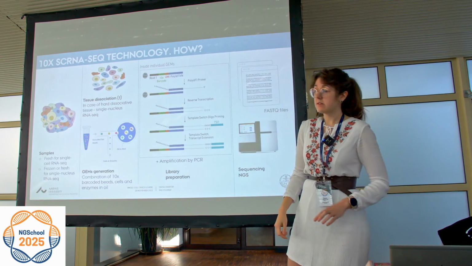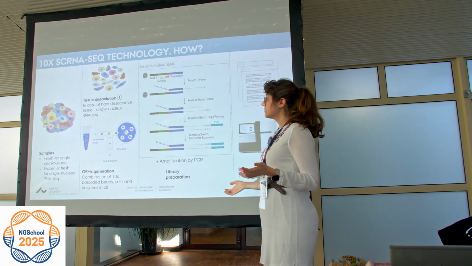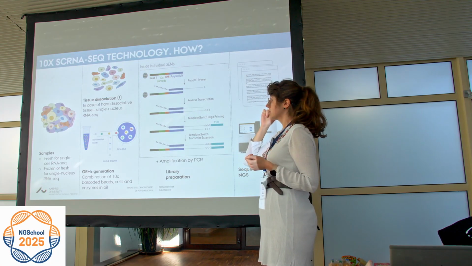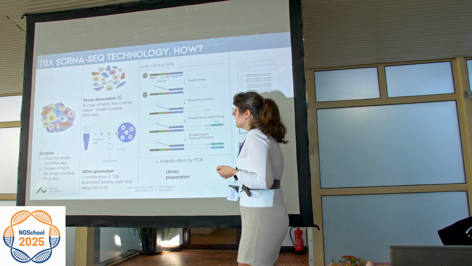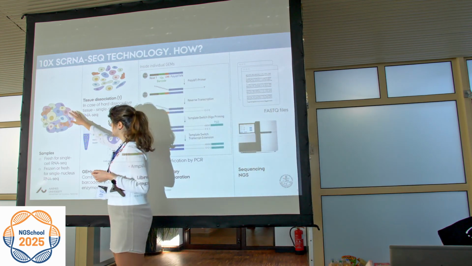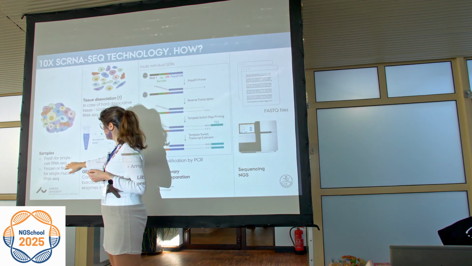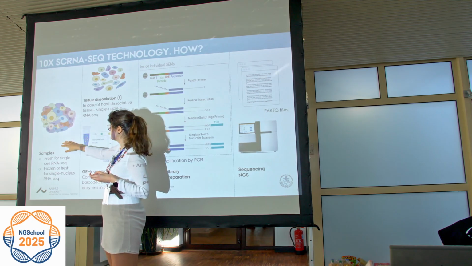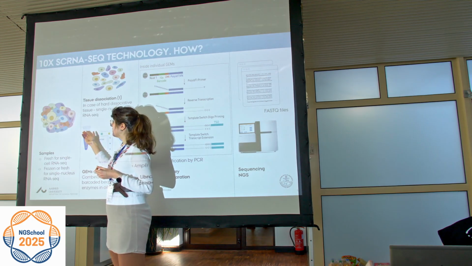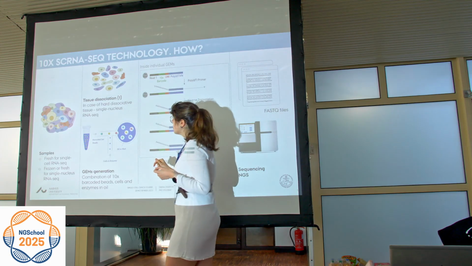We will be focusing on 10x because most of the data nowadays are obtained from 10x technology. And basically this is your tissue. For single-cell RNA sequencing, it should be fresh. And for single nuclear, it also can be frozen.